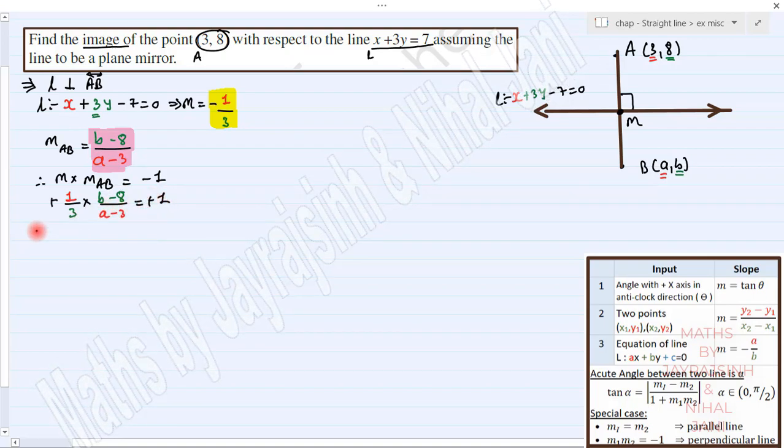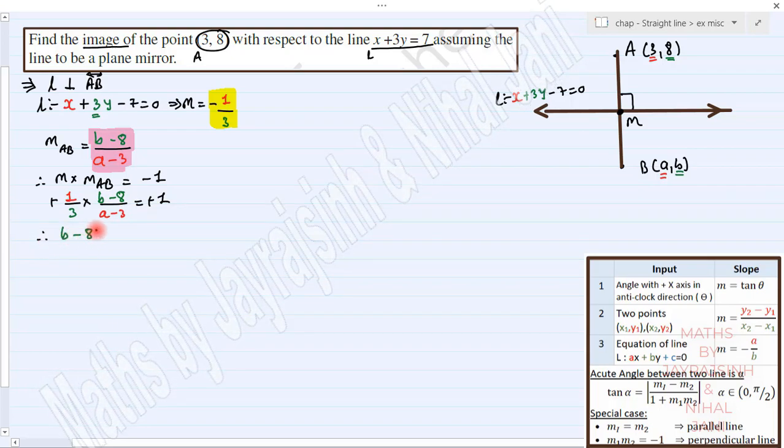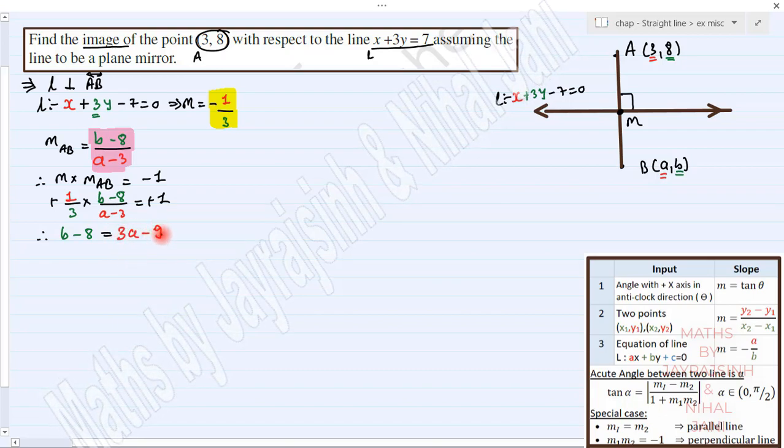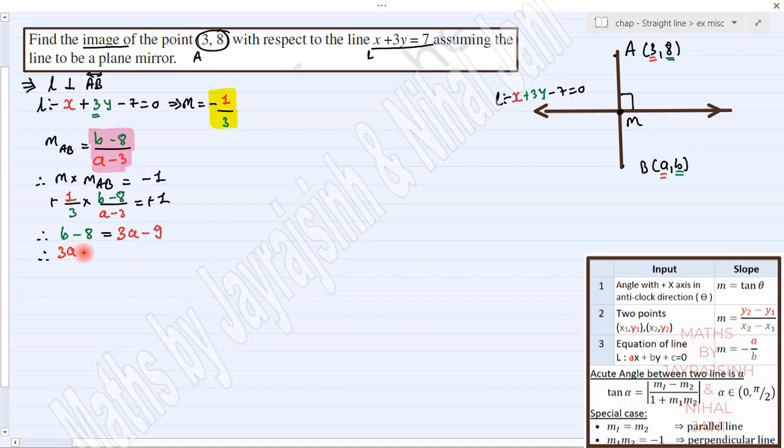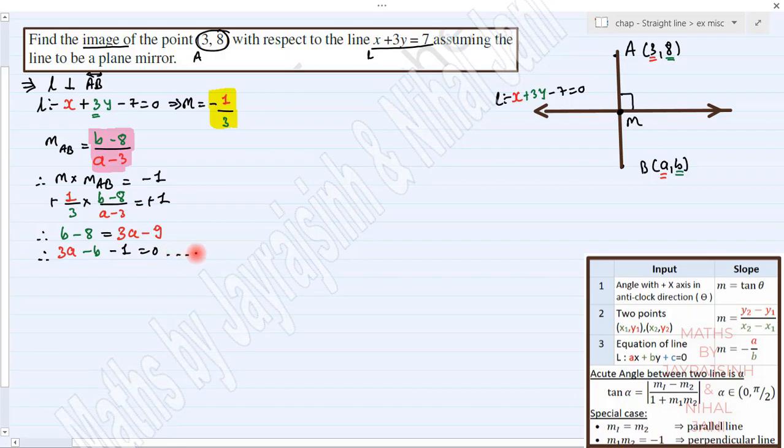So here minus minus becomes plus, and we will get b minus 8 is equal to 3a minus 9, or we can say we will get 3a minus b minus 1 is equal to 0. So we get our first equation.